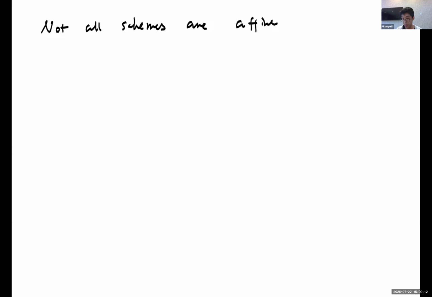For instance, we could take P^n over k, which is Proj of k adjoined n plus one many elements. So this one is a little bit different. How do we see that this one is different from the affine space?